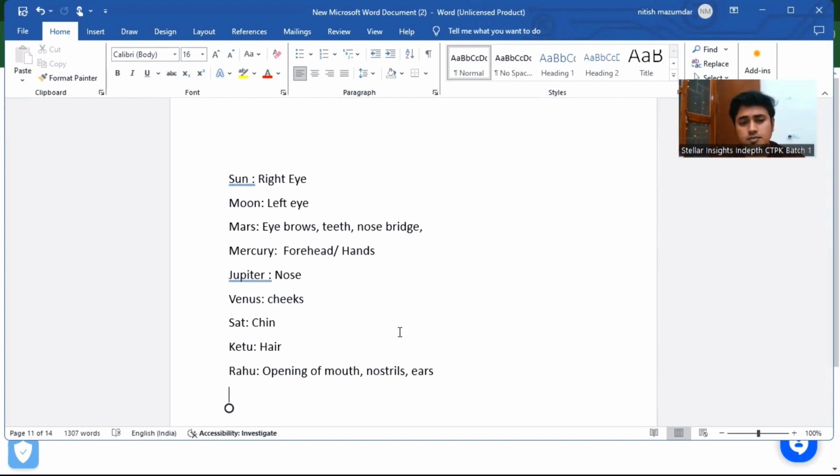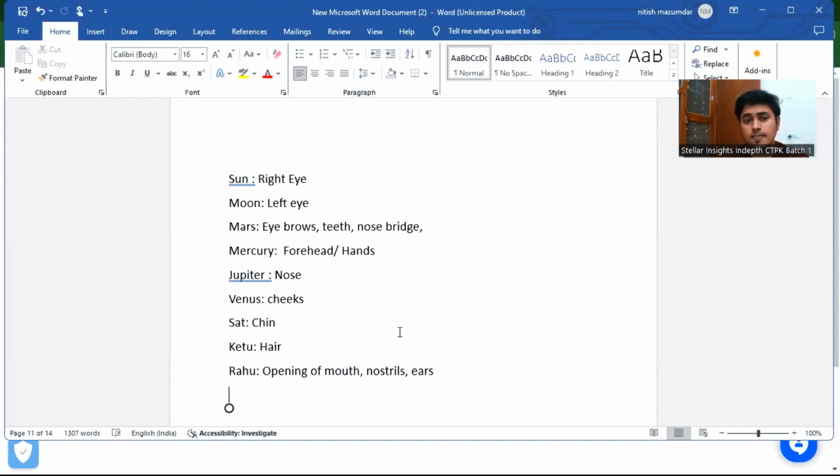So likewise, taking the Karak Tattva, you can understand. I will tell you more about it. For example, if there is a connection of Mercury and Saturn, you can say that the person will study that thing which is related to study and also do the job in that particular field only. That will be career astrology.